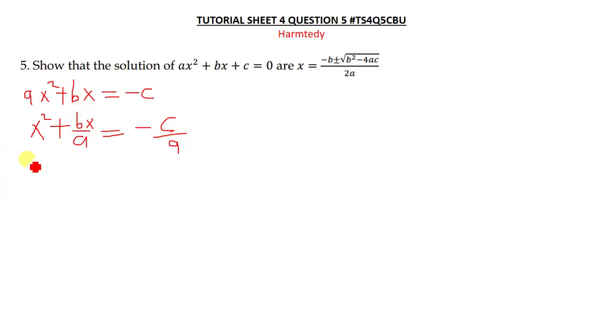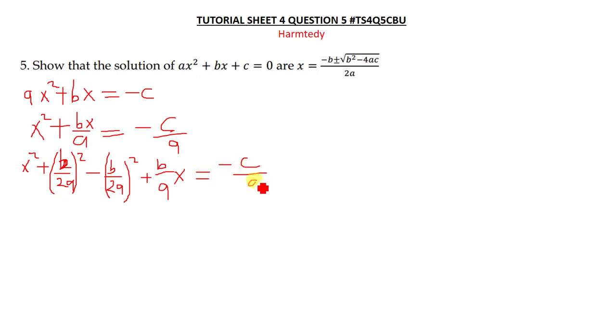We're going to have x squared plus, half of this is going to be b over 2a, and then we square this, then minus b over 2a, we also square that, and then we say plus b over a x. This is equal to negative c over a.